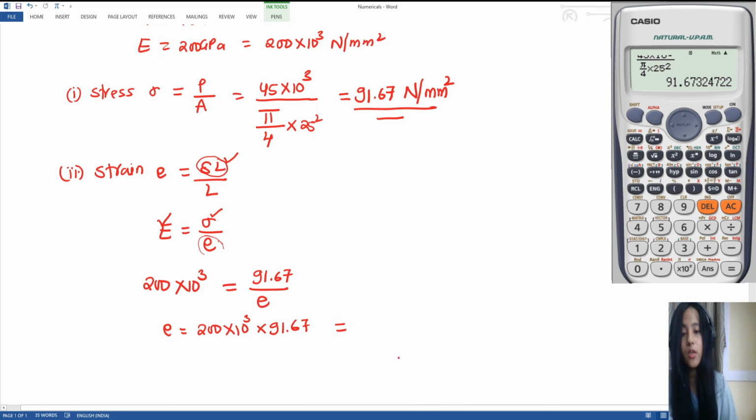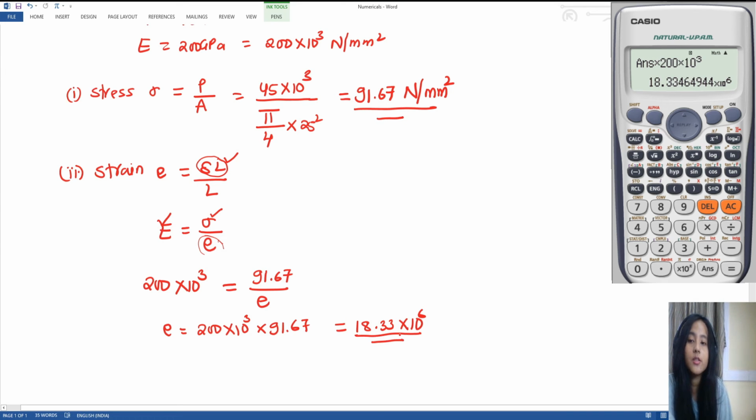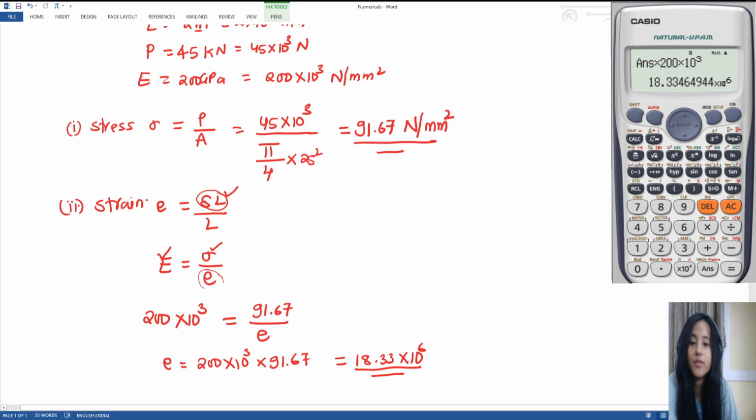So this will be coming equal to 18.33 into 10 raised to power 6, and strain has no units, it is unitless.